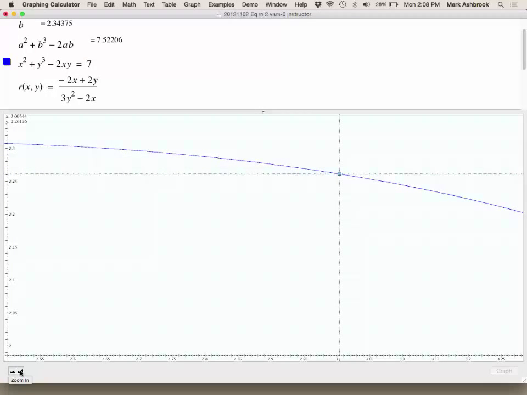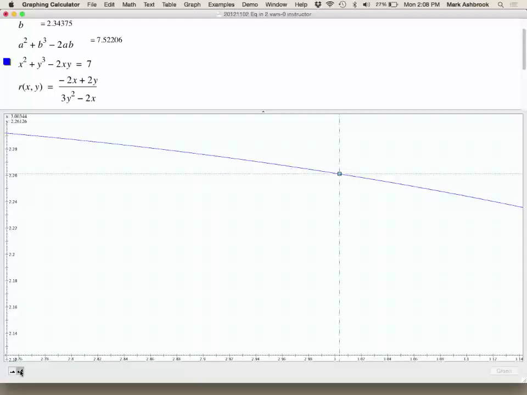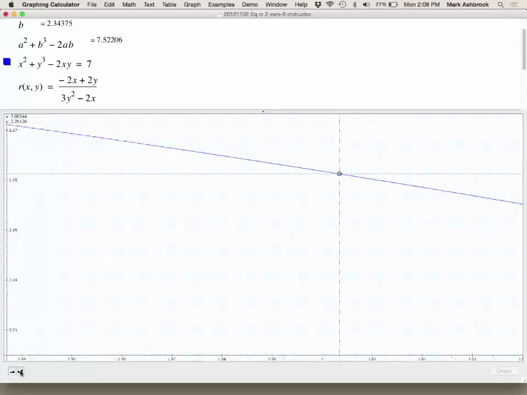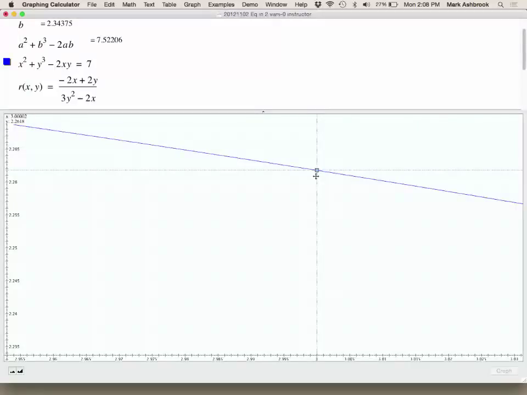And just like we've done in the past, we're going to zoom in until the graph looks linear. I can't get it to give me the actual coordinates here. There it is. Okay, so that's the ordered pair (3, 2.2618).